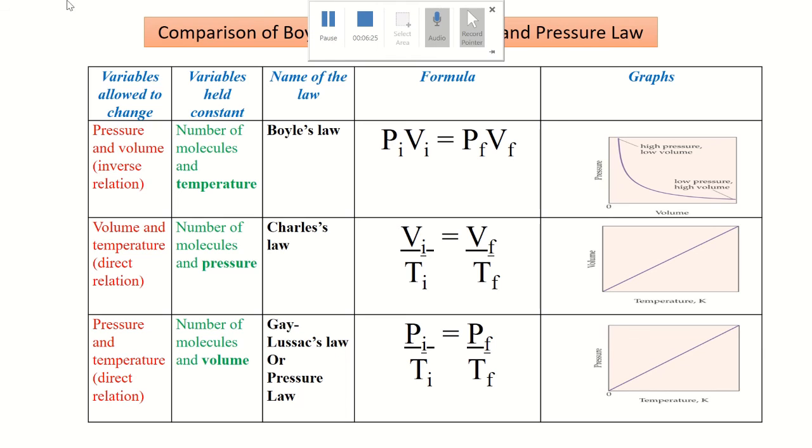So what information are we getting from this table? One thing is very clear about these laws. There are three parameters: the first is the pressure, the second is the volume, and the third is the temperature. Three parameters are used in these three gas laws, and in each law two parameters are changing and one parameter is constant all the time.